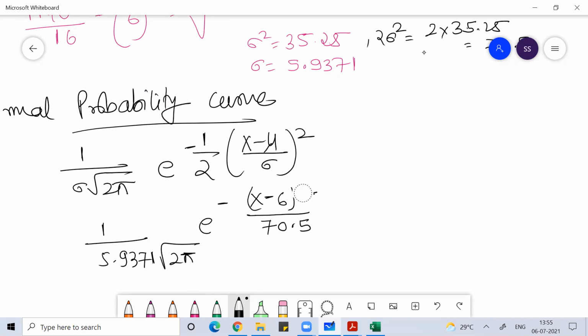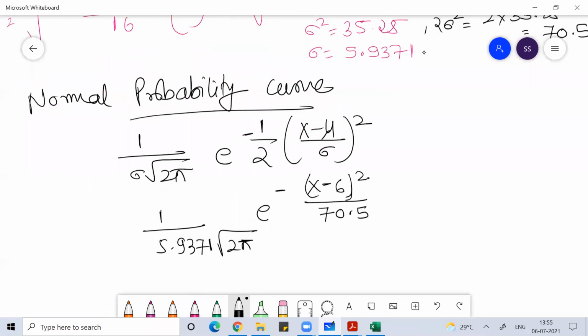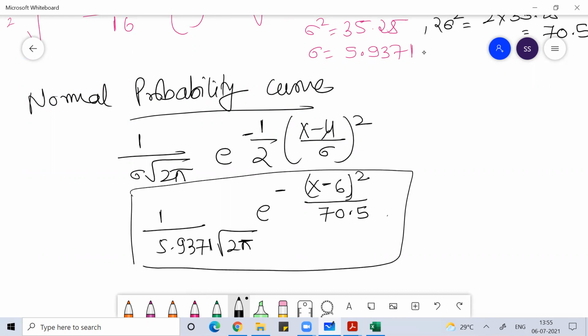This is your answer. This is your normal distribution curve.